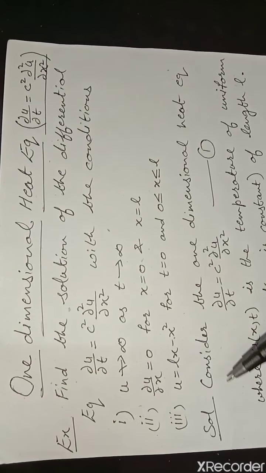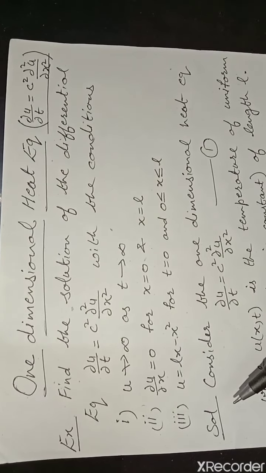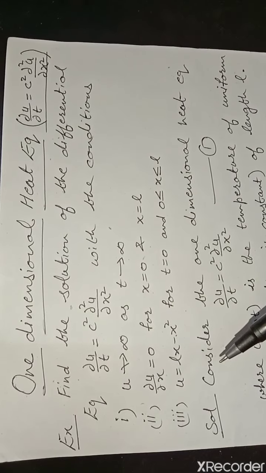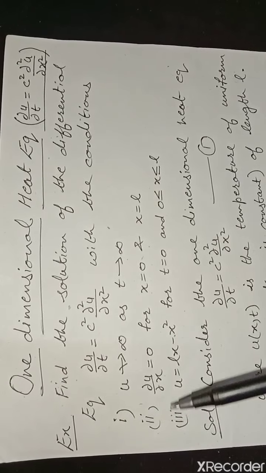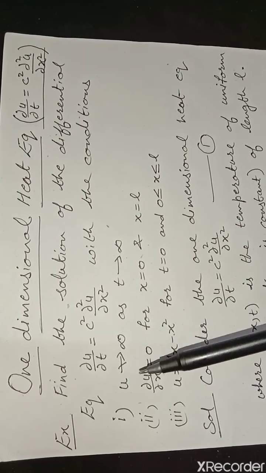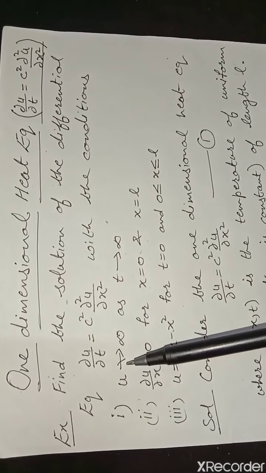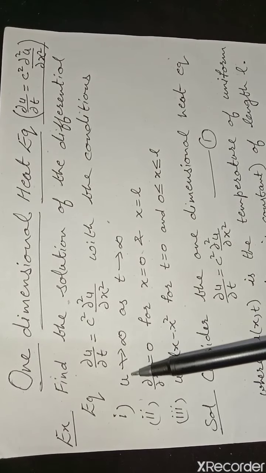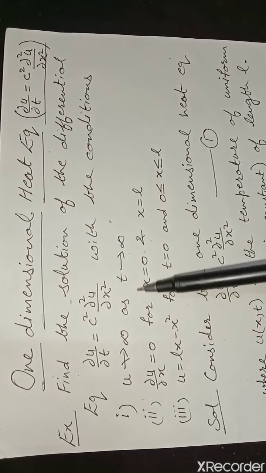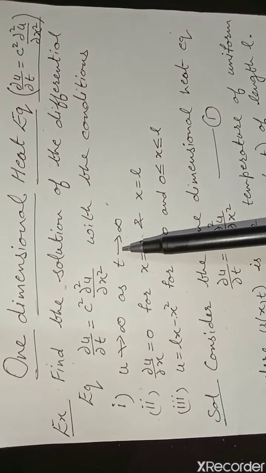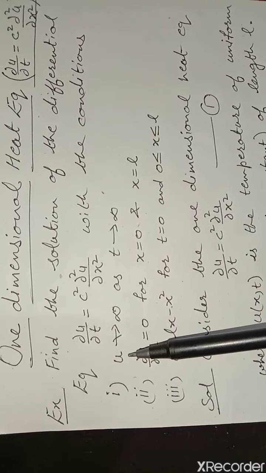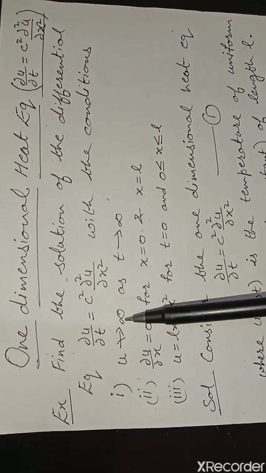In different problems, initial and boundary conditions may be different, but in this example, these are the conditions. The first condition is u does not tend to infinity as t tends to infinity. This means that as t increases, u is not increasing; it means u is finite.